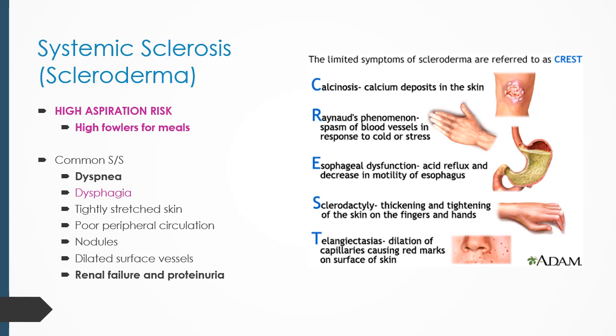The patient will complain oftentimes of arthralgias, so joint pain, and then multi-system failure. Malnutrition and weight loss are common, and auto-amputation of the distal digits is possible. Steroids and immunosuppression are sometimes helpful, but smoking cessation is really critical in patients with scleroderma.